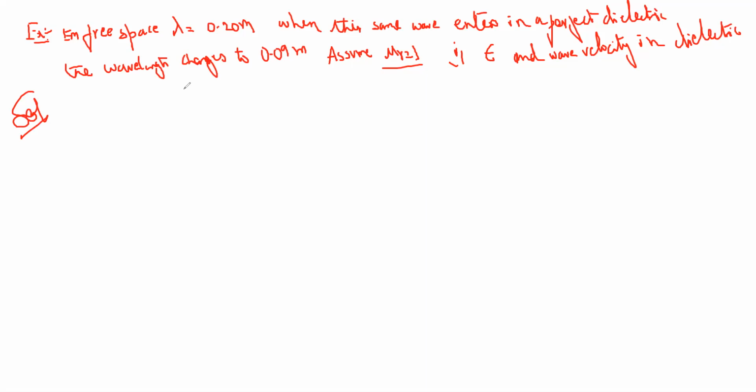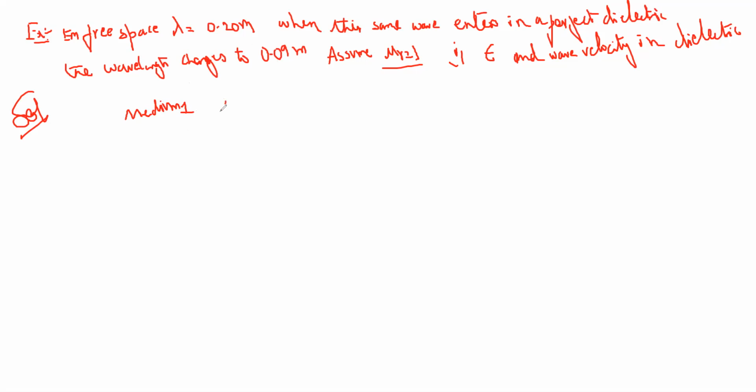If it is a dielectric medium, definitely the conductivity is 0. So the electromagnetic wave in medium 1 is free space. Why I'm saying it is medium 1 is because whenever this same wave enters the perfect dielectric, the wavelength changes.